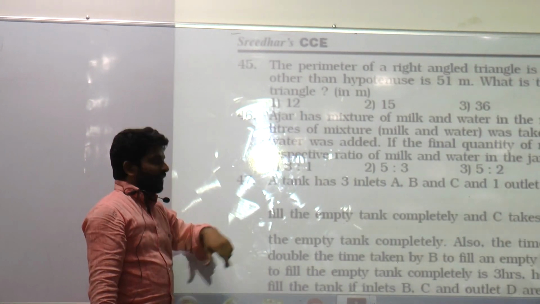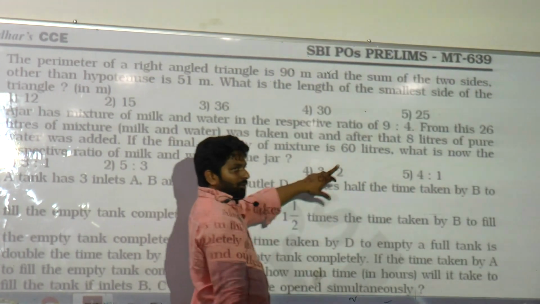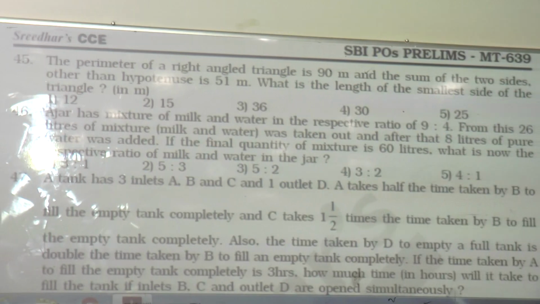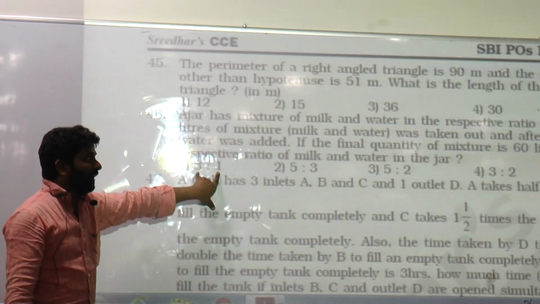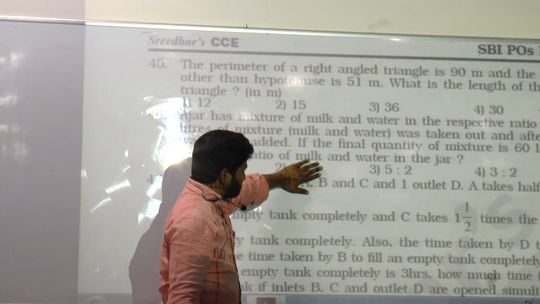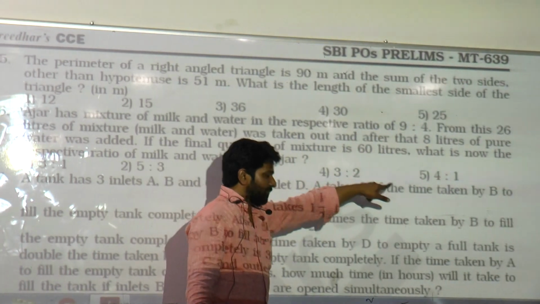Final container. So, how much quantity we have in final container? So, number of parts of milk and water should be factor of 60, right? Is 4 a factor of 60? Is 8 factor of 60? Is 7 factor of 60? 5? That is also possible.